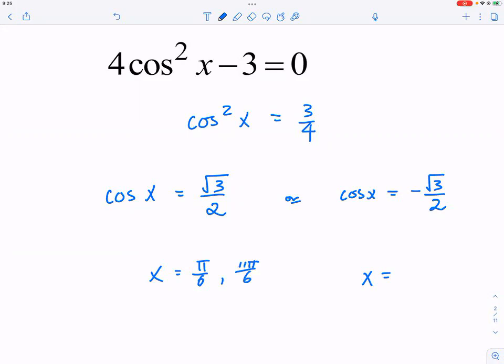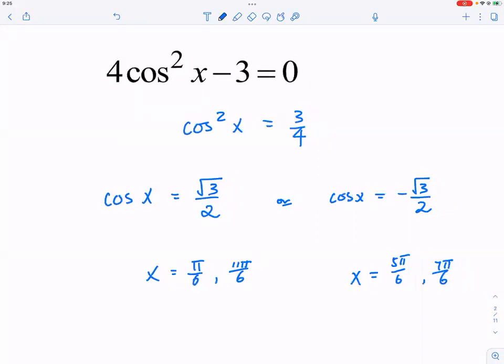And then for the negative, it will be quadrants 2 and 3. So we've got 5 pi/6 and 7 pi/6. So you've got to have these angles.